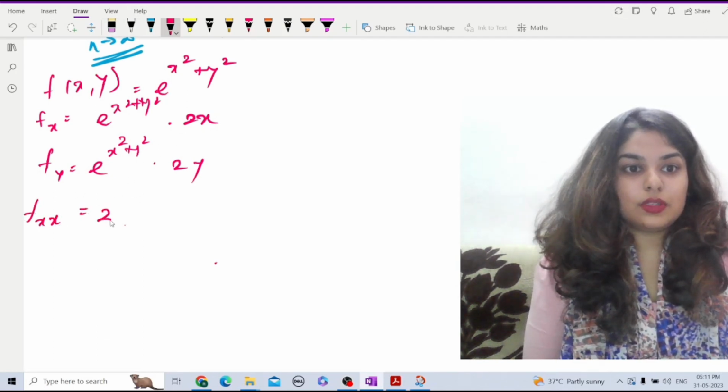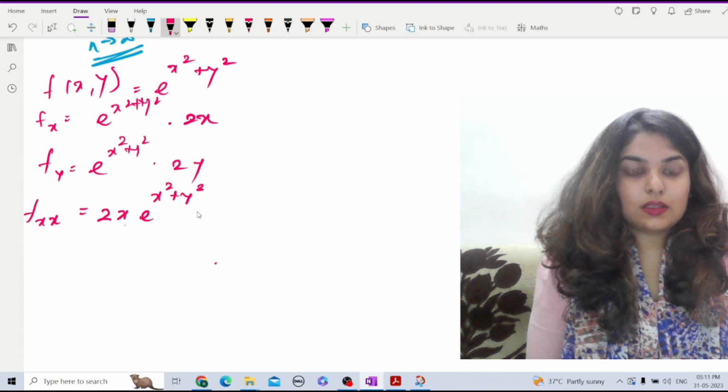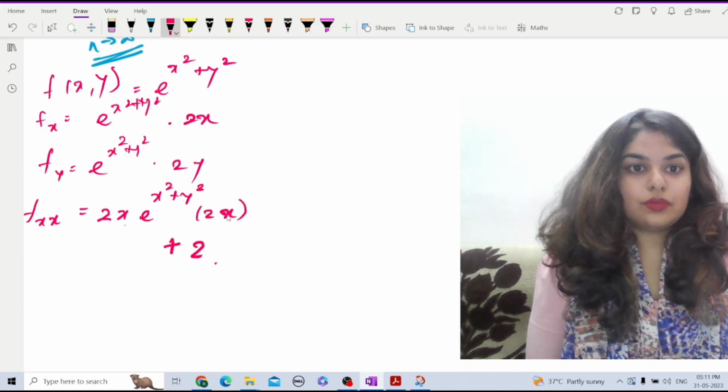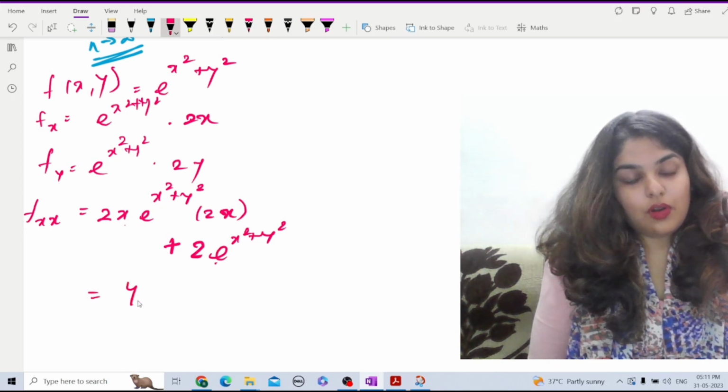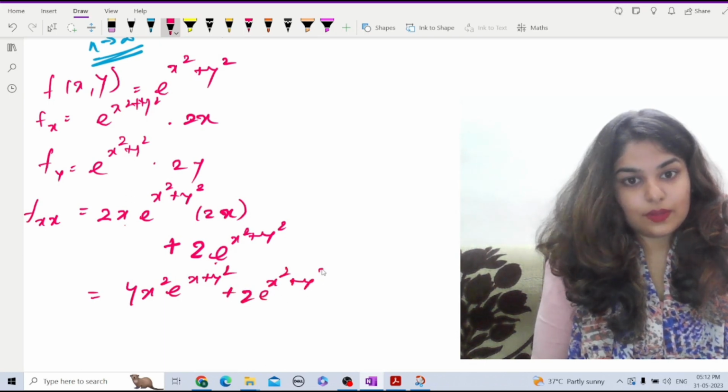Fxx is equal to, so this is 2x. Now we take the derivative, that is e to the power x square plus y square, and this becomes 2x, plus 2 e to the power x square plus y square, because the derivative of x is 1. So this becomes basically 4x square e to the power x square plus y square plus 2 e to the power x square plus y square.